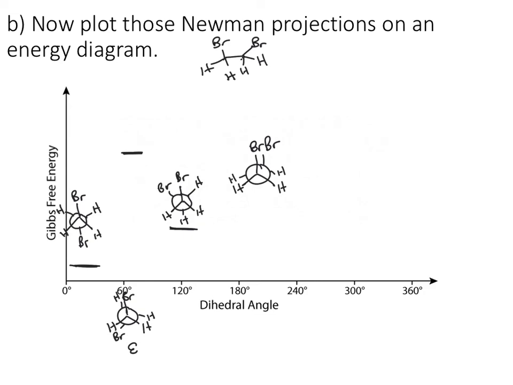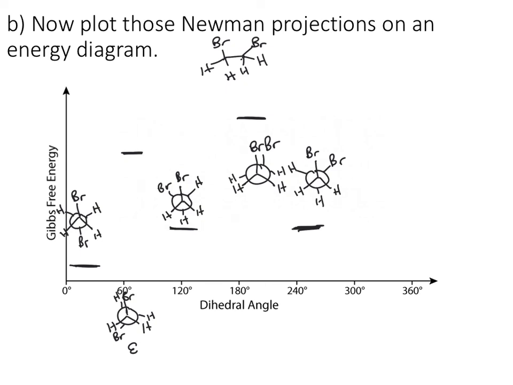So this is going to be actually a little bit higher in energy than the 60-degree eclipsed conformer. Then I rotate again, just the back carbon. I get back to a staggered. This is a staggered gauche, so it's going to be of equal energy as the one at 120.